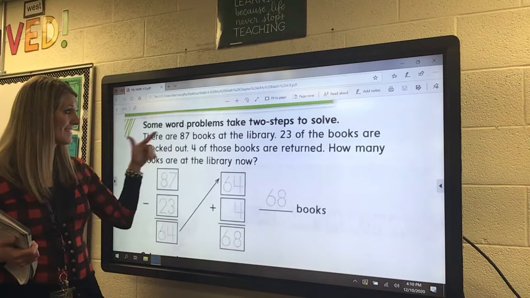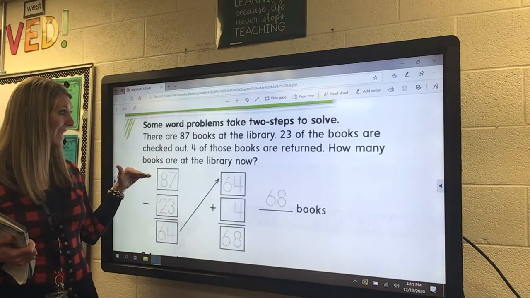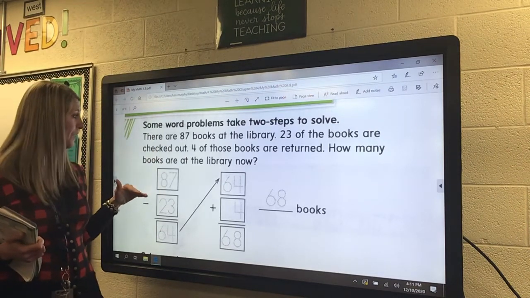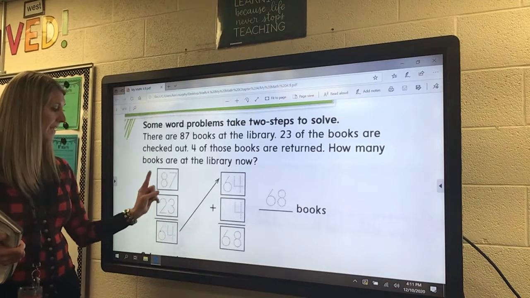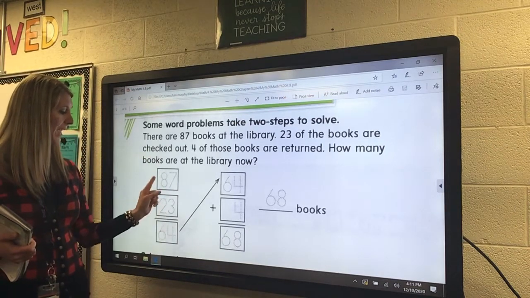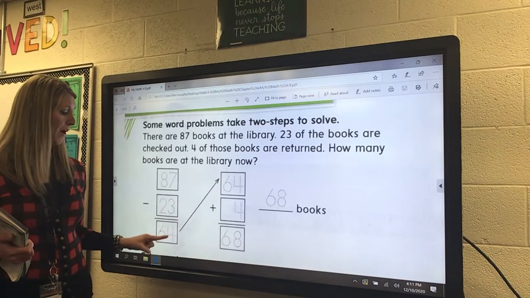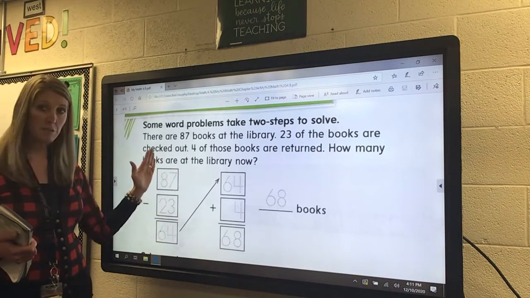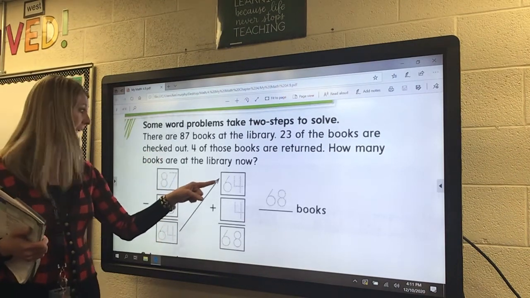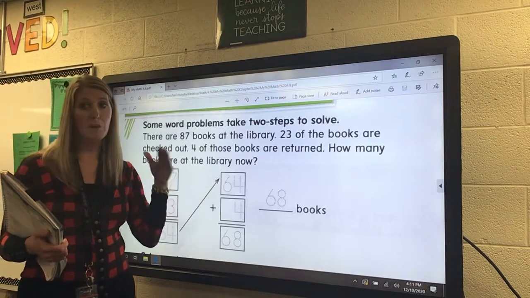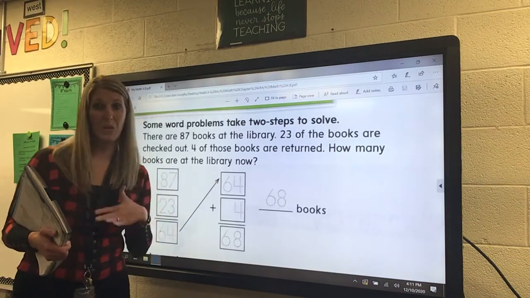So I'm going to start with 87, and I'm going to take away 23, because 23 are checked out. So when I subtract that, 7 minus 3 is 4, 8 minus 2 is 6. Now, I'm going to take that 64. This was my first problem, and I'm going to move it up here. Now, if 4 books are returned, they're brought back. So we're going to add those.